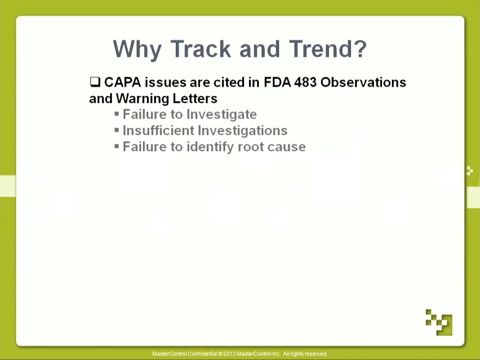If you look at the content of the 483s, observations and warning letters, it's really either you have a quality event and you're not even investigating or documenting that you're looking at whether to do more or do root cause. You may have insufficient investigations, where you've identified a significant, high-risk issue and say you're investigating it, but the investigation lacks scientific basis, doesn't go deep enough, or fails to identify root cause.